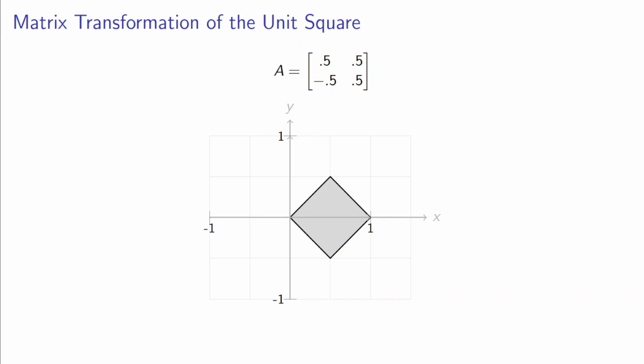Another example here. So 1, 0 goes to 0.5, negative 0.5. So this vector here, 0, 1 goes to 0.5, 0.5. So similar to the last one, we have some scaling as well as some rotation. And if we were to figure out the area of this particular example, again, we could do this a few ways, but probably the easiest I can think of is recognizing that each of these little quarter triangles is exactly half of one of these squares.